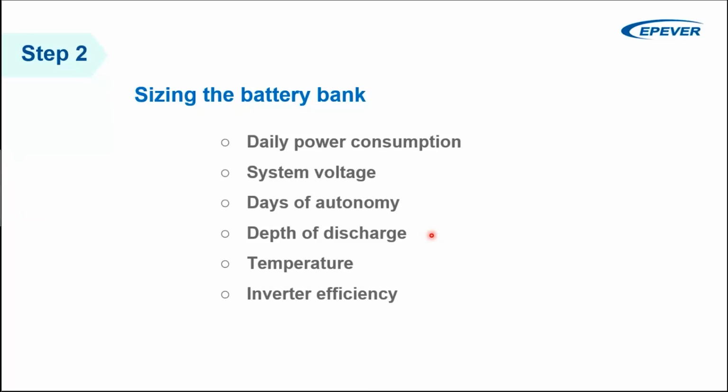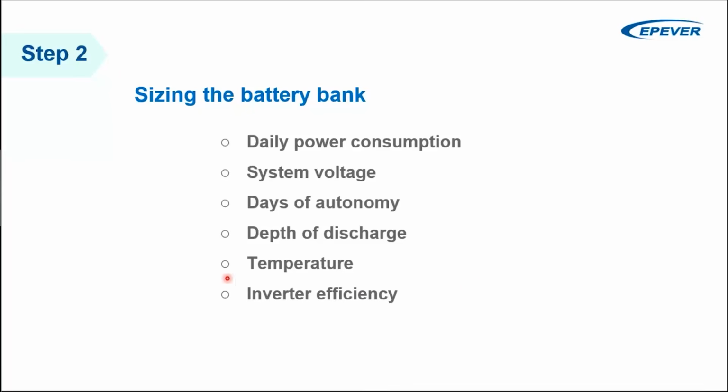Deep cycle batteries are designed to discharge 80%, while lithium batteries are designed for discharge of about 90, even 95% of their capacity. But it's recommended to choose a lower value, like 80% for lithium batteries and 50% for lead acid batteries, to have a good trade-off between longevity, cost, and the hassle of replacing the batteries.